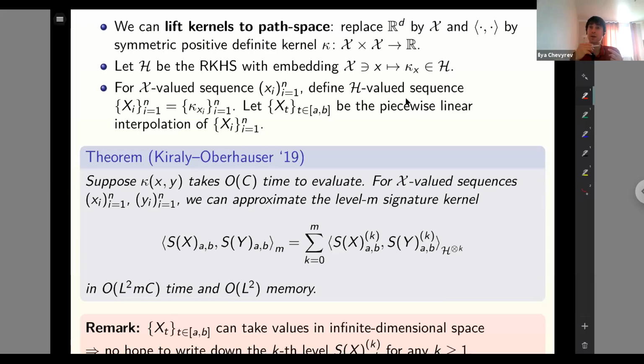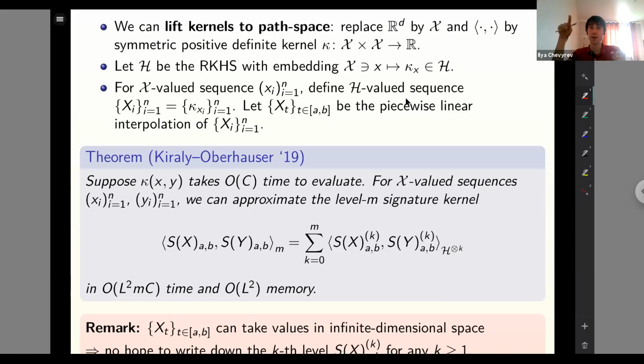Now this is a path in some infinite dimensional vector space. Of course, you can't write down the signature of that, because you'd need an infinite number of coordinates to write it down. But the remarkable thing is that you can still compute the inner product of two of these signatures together. That's just a real number.